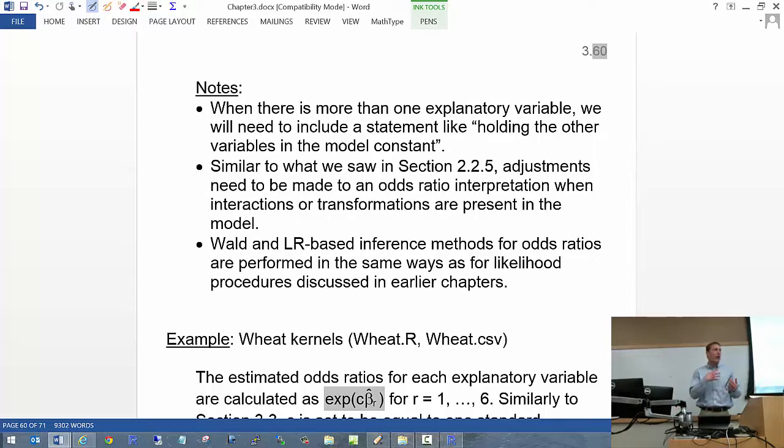Same form of your odds ratios. And lastly, Wald and likelihood ratio-based inference procedures are available for these odds ratios. Unfortunately, the mcprofile function is not going to help you because it cannot be used with output from the polr function that estimates these models.